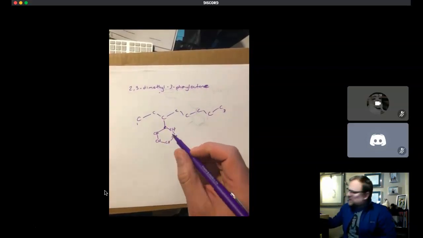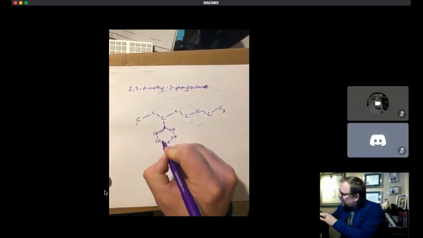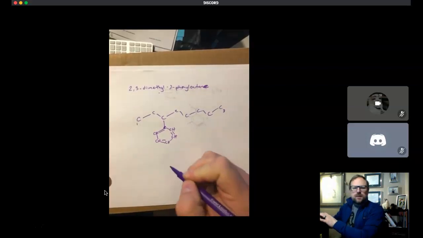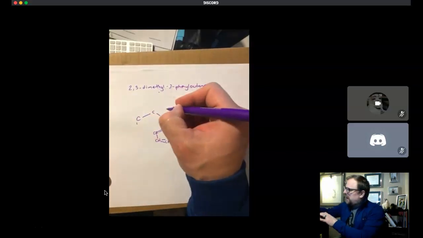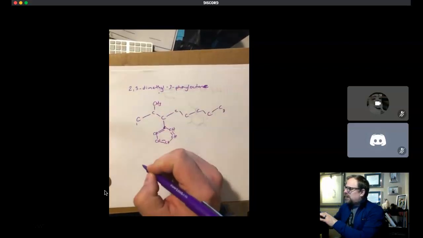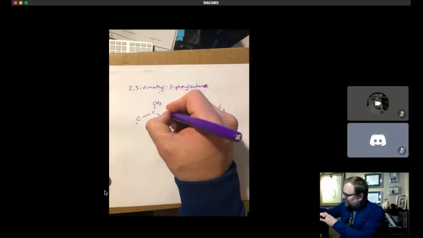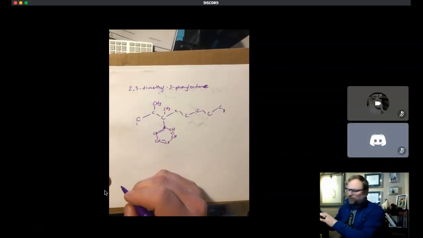Okay, so there is our phenyl group. Oh, and let's put in our alternating double and single bonds. Okay, and then we have a 2,3-dimethyl. So that means I have a methyl group coming off of here at carbon 2, and then also a methyl group coming off here at carbon 3.